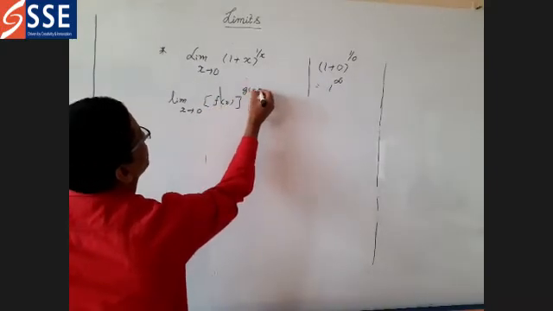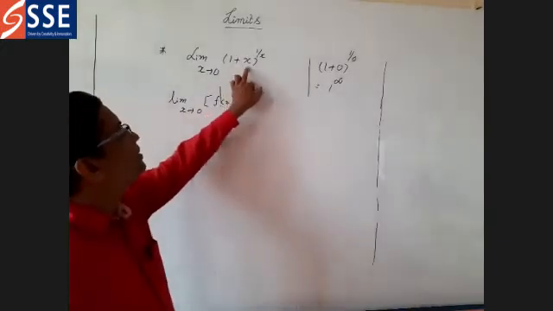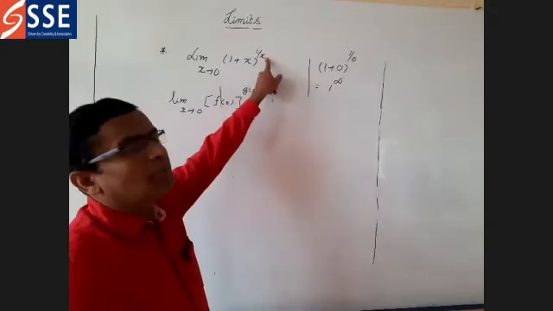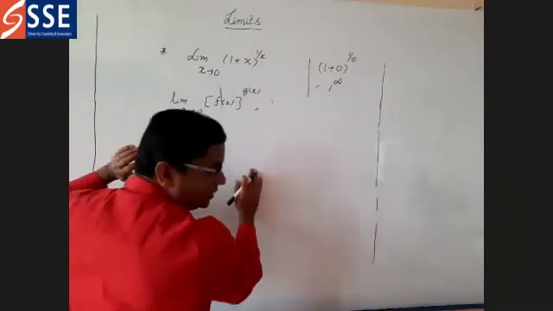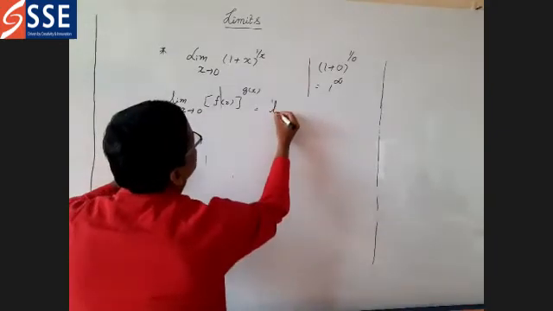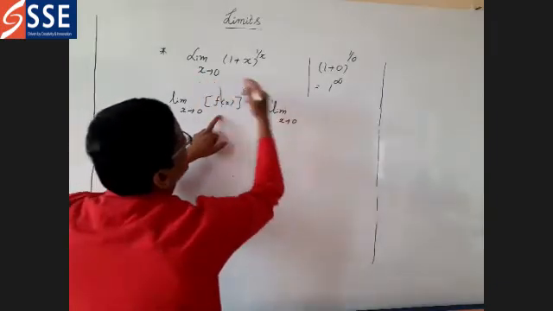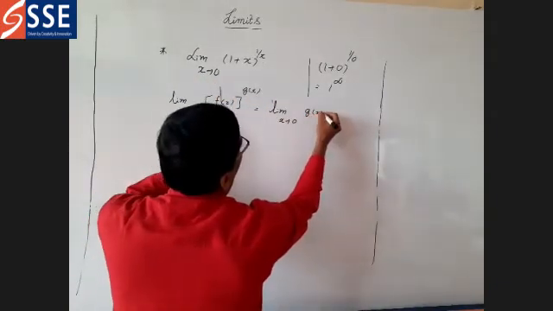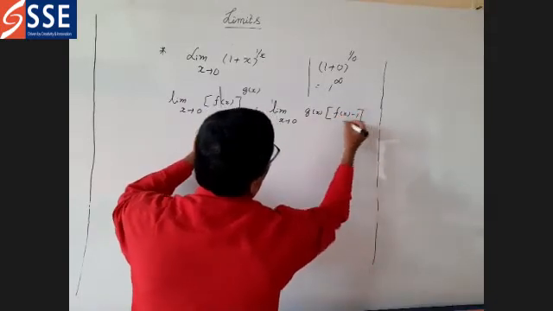Let us consider the base as f of x and the power as g of x. The formula is: bring the g of x in front, and subtract 1 from f of x.